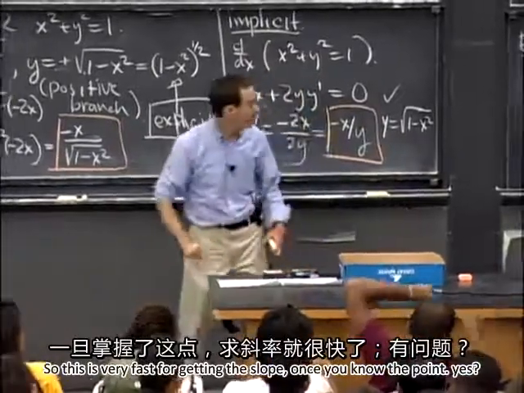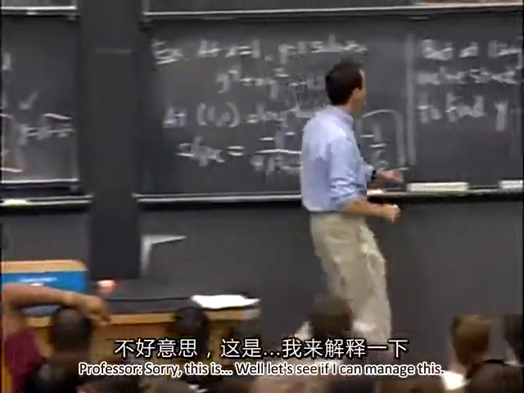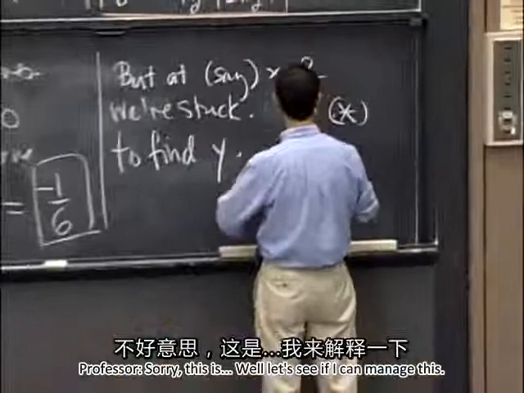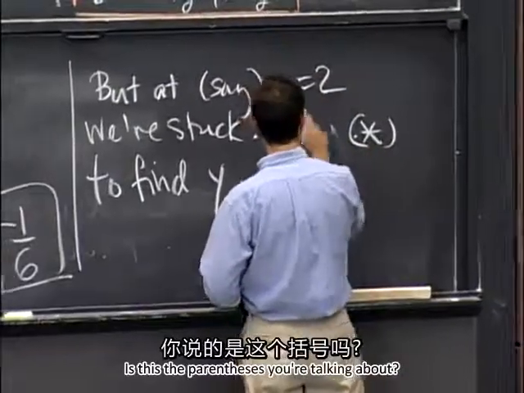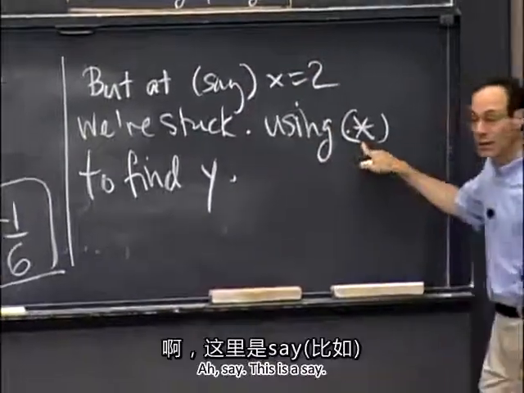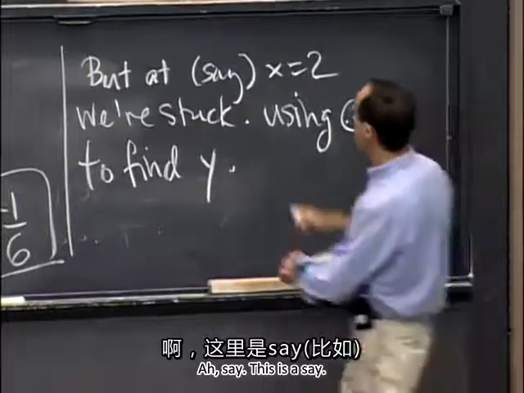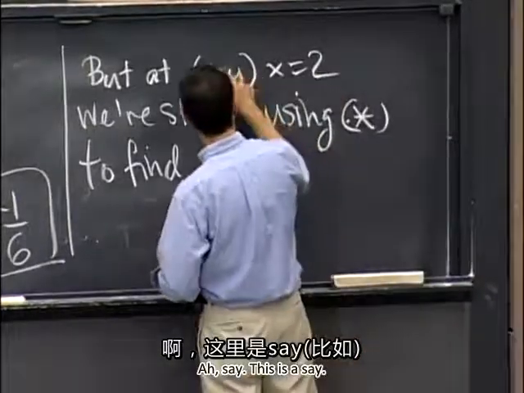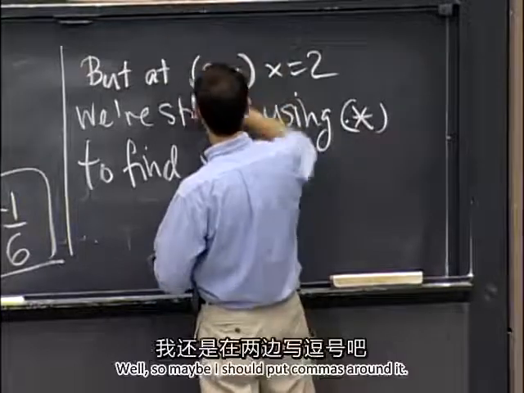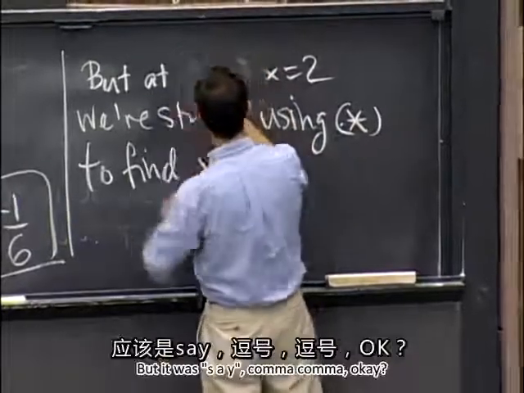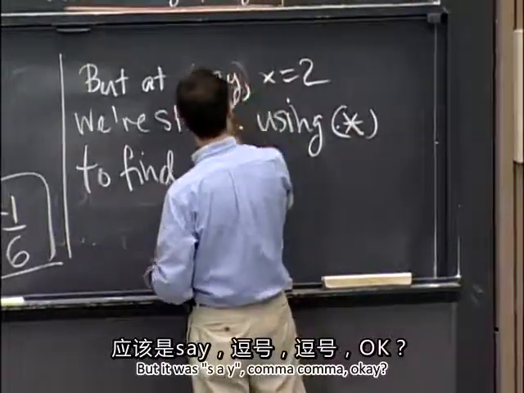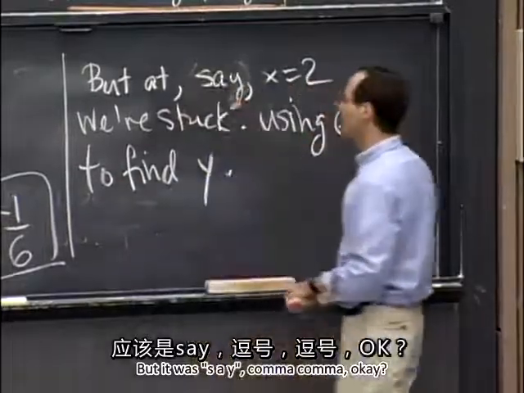Yes? What's in the parentheses? Sorry. Is this the parentheses you're talking about? Oh, this says say. Well, maybe I should put commas around it, but it was S-A-Y, comma, comma. Okay?